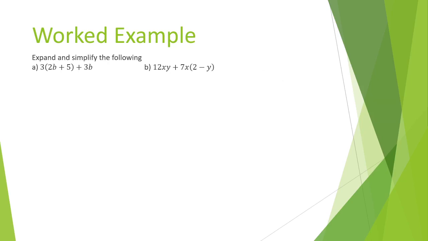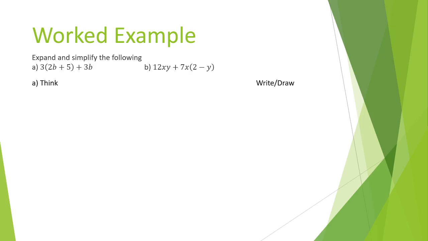So here's some further examples which actually require some simplification using like terms afterwards. So again, I'm going to do my thinking and I'm going to do my working on the side. You can pause the video and try these yourself and come back for the answers.